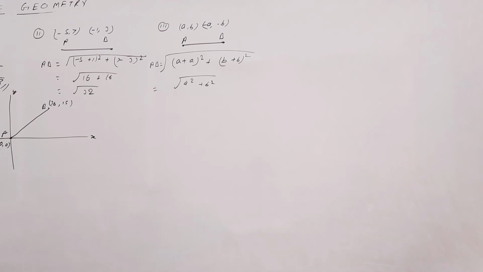And you are getting AB equal to root of 1521. And I can say 100% this is not a perfect square.